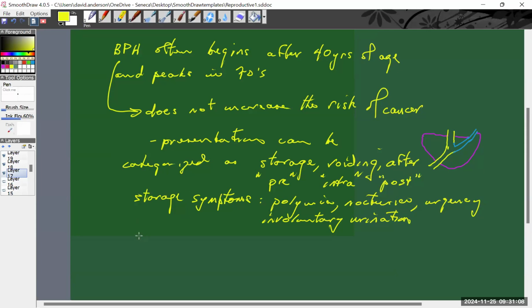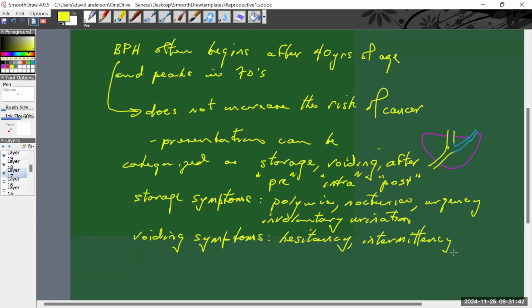When we look at voiding factors, we're going to see things like hesitancy and intermittency, so basically what we're saying there is it's discontinuous.